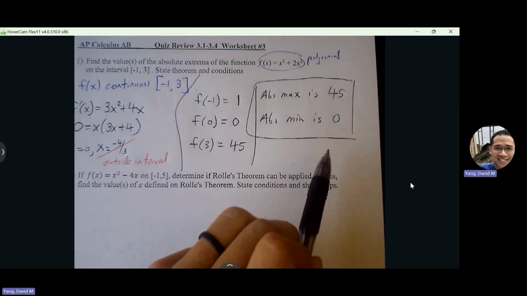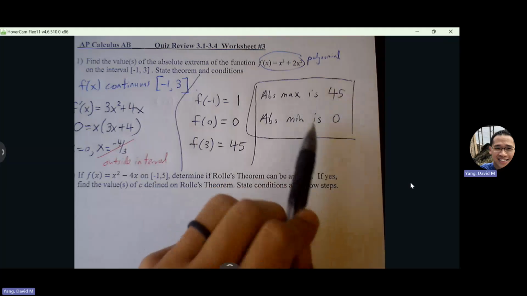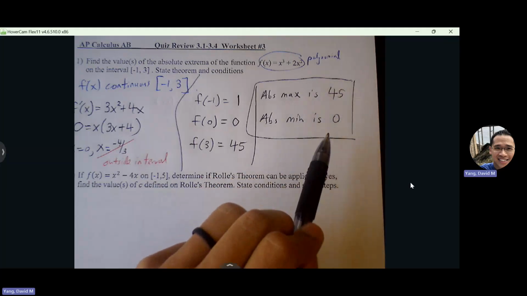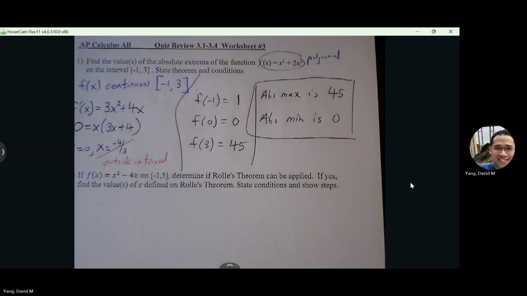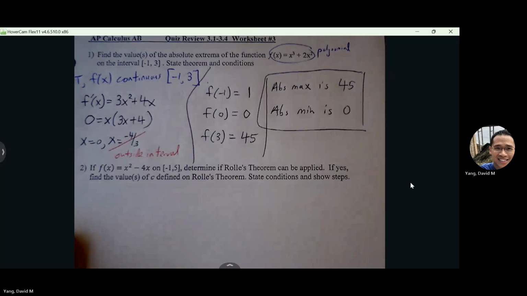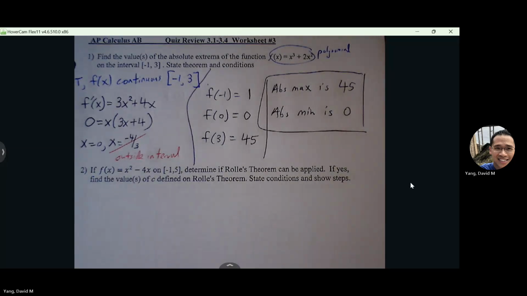Don't give me order pair. Don't give me the x value. I just need the y values. Any questions with extreme value theorem?